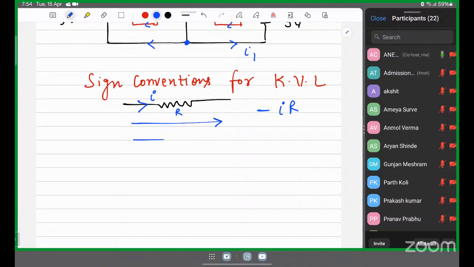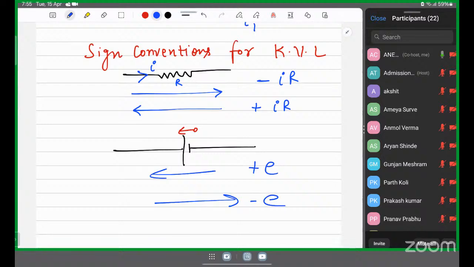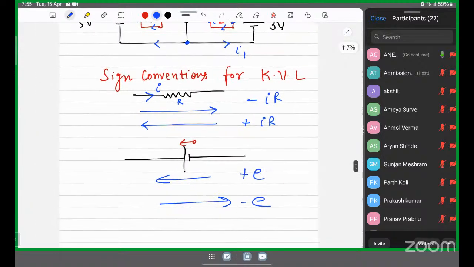And if it is in the opposite direction, then this will be plus IR. Now about the battery. The direction of EMF is taken from negative to positive terminal. If the conventional direction is also negative to positive, it will be plus E. And if it is in the opposite direction, it will be minus. This is the sign convention which will be used for KVL.